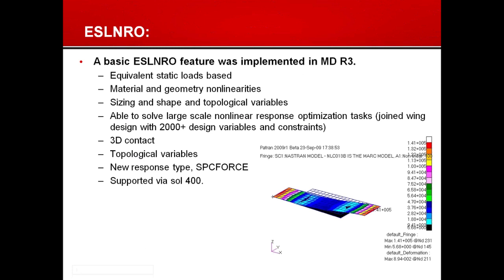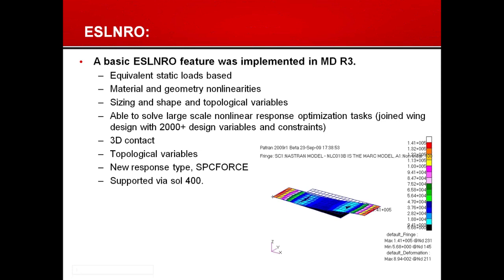One other optimization feature that has been recently added in Nastran is the nonlinear optimization feature, where you're allowed to have material and geometric nonlinearity. This is based on the equivalent static load concept, so you are able to solve problems with contact definition, material and geometric nonlinearity.